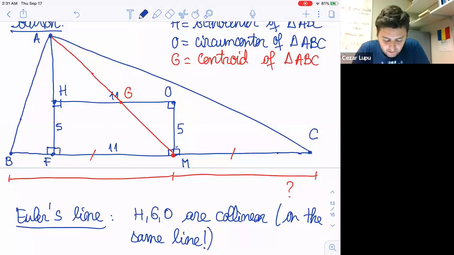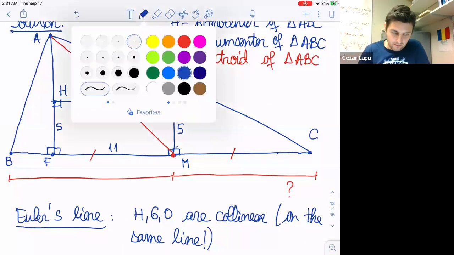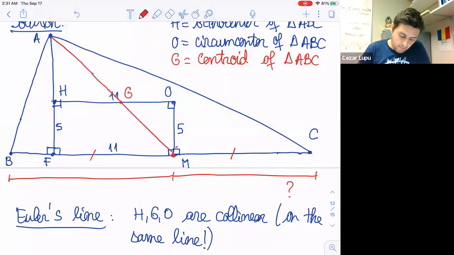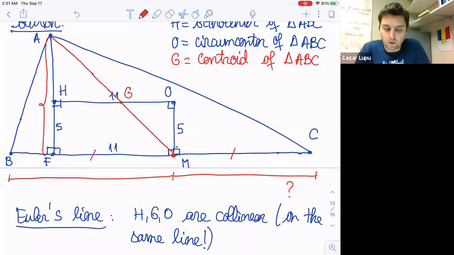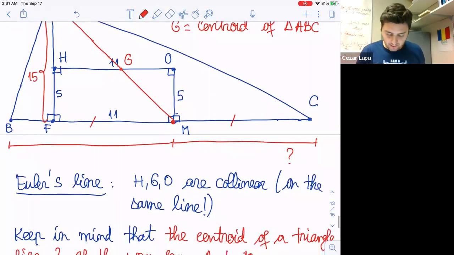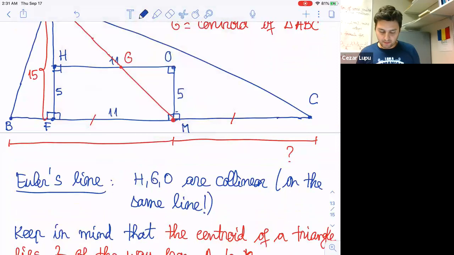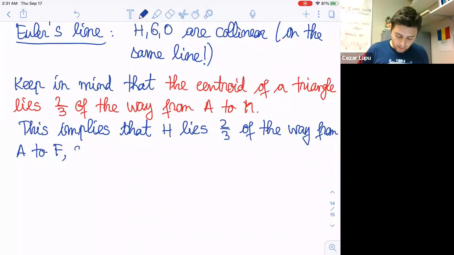This is 2/3, right? We can compute this guy here. And if we look, it's quite clear that it's 15. So let's write this. So the distance AF is 15.